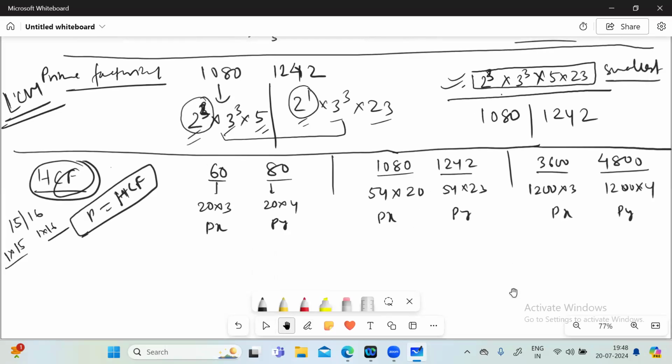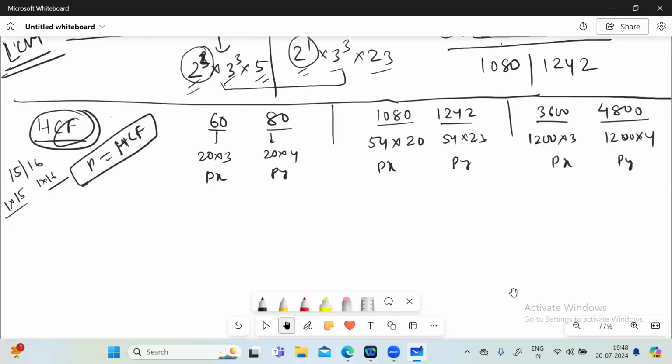So what is the requirement of X and Y? What you can observe about this X and Y is that X and Y are co-prime in nature.